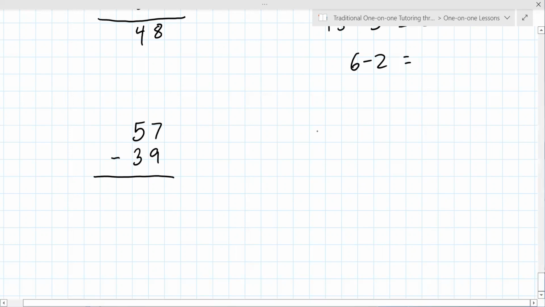Do you see that 7 is smaller than 9? Yeah. So we can't do that. We have to borrow from the 5. So the 5 goes down to a 4, and we put a 1 above the 7. So now it's 17 minus 9.